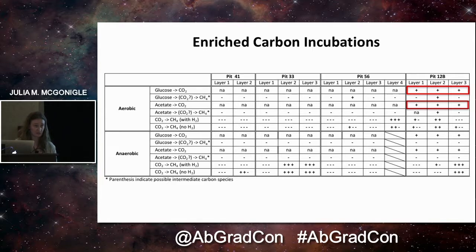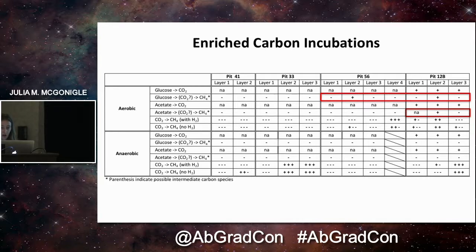So methanogens are anaerobic. If they were able to use acetate directly, we would expect to see methane production in the anaerobic controls also, but we only see it in the aerobic ones. So this is further evidence that there is, in fact, some sort of interaction between the aerobic community members and the methanogens, especially in this layer 2 right here.